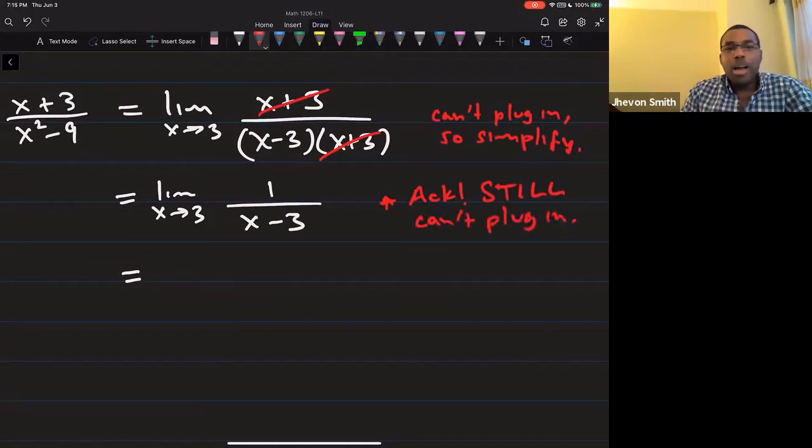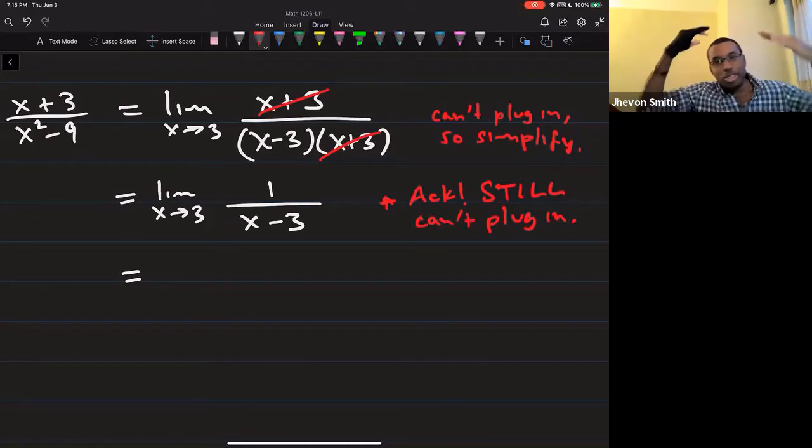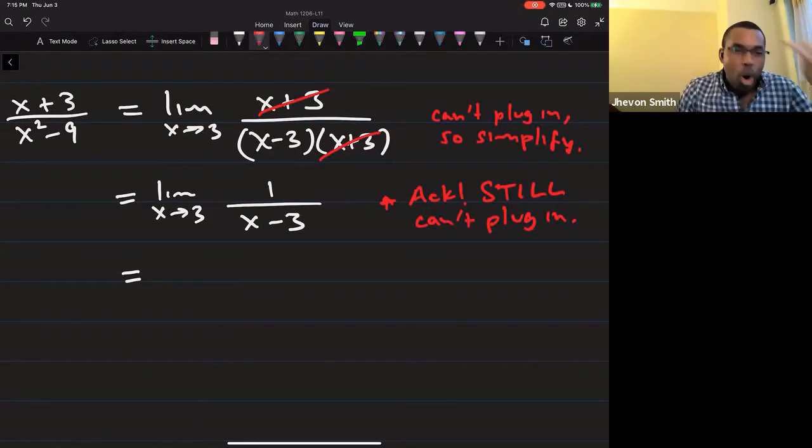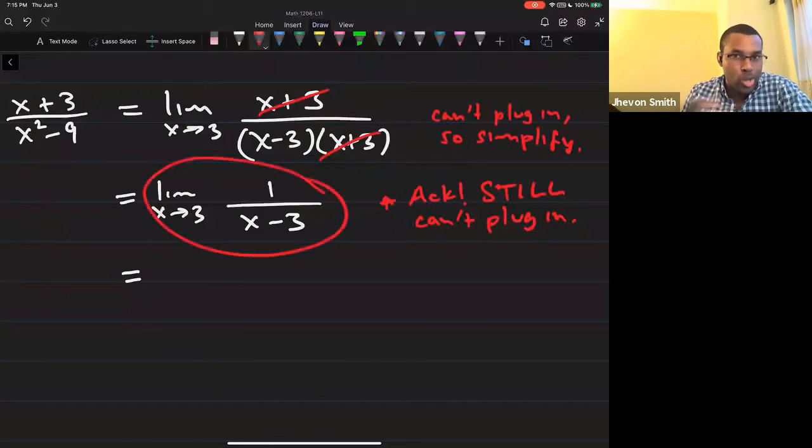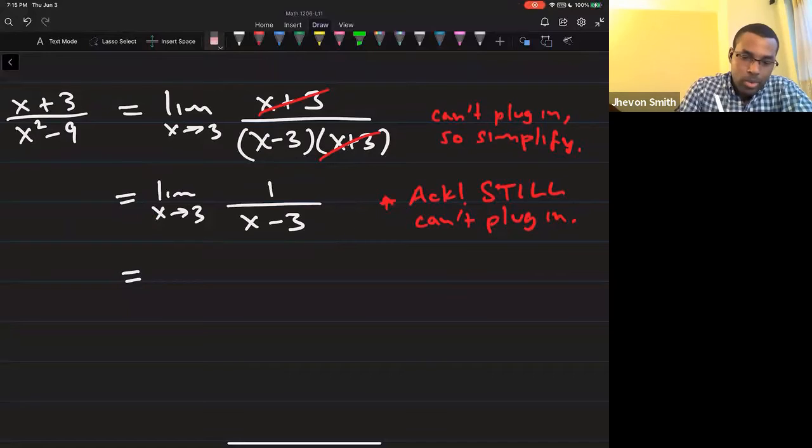At this point, you're like, man, Jhevon never told us how to do it. Jhevon doesn't teach us anything. The examples in class are so easy, and then he gives us this, and he told me that if I simplify, I can plug in, and I can't. Well, no, right? Once you simplify, the process starts all over. Now you pretend like this is the limit that you were given, and you go through the process over again. So now, if we pretend that that was the limit that we were given, what would we have done?